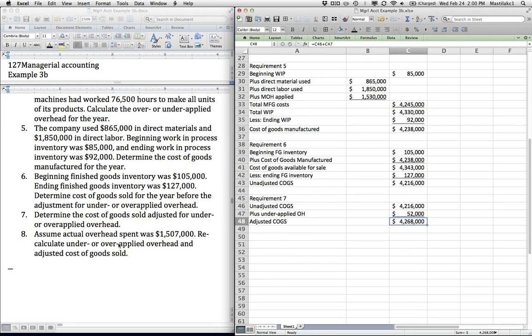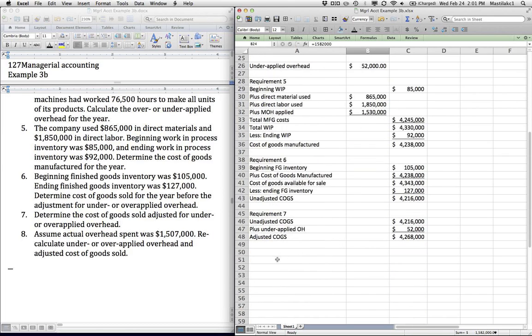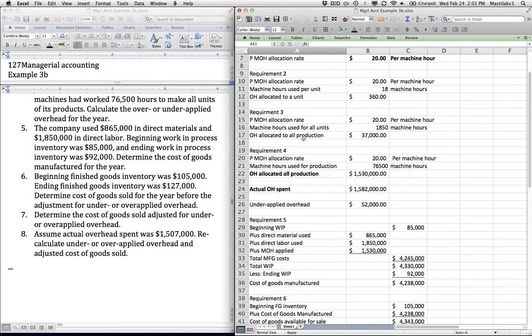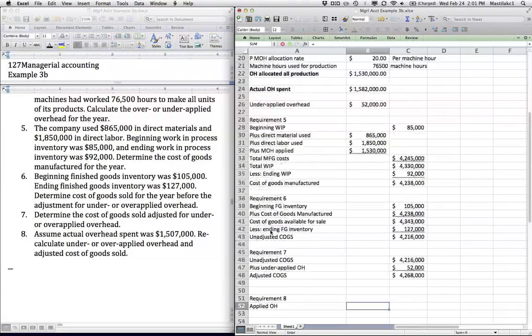Now let's take a look at an overapplied overhead example. So we're going to assume, instead of what we had in requirement 4, instead of assuming that we spent $1,582,000, instead we're going to assume that we only spent $1,507,000. That's what we're going to do here. So we have to recalculate our amount for requirement 4, and we're going to redo our adjustment from requirement 7. Our applied overhead is still going to be the same, so we'll go ahead and keep that number from before.